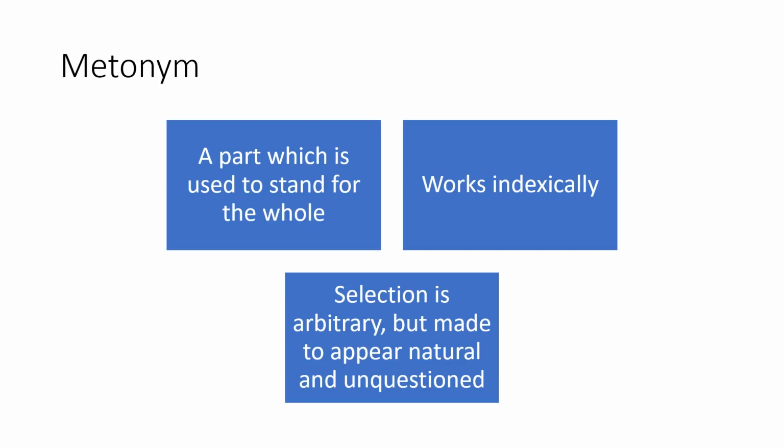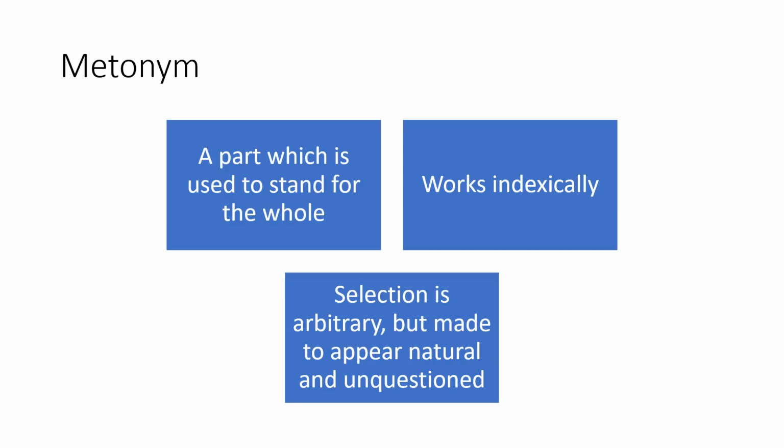So the idea of the metonym is this notion that a sign where a part is used to stand for the whole. So a part is used to stand for the whole of a text. So very clearly, there's a relationship here between the idea of metonym and the idea of the index. So metonyms work indexically.